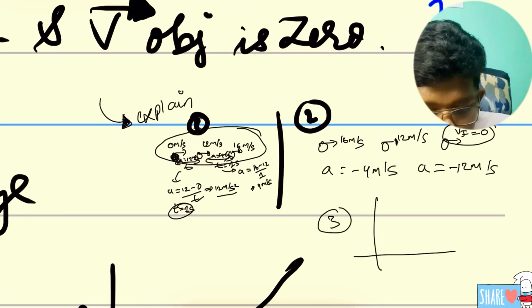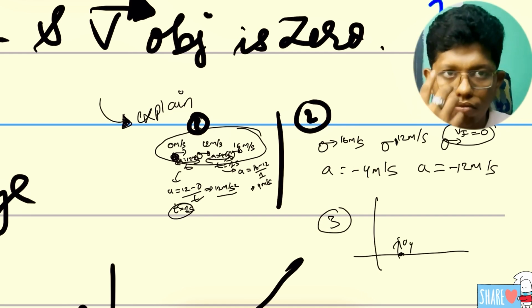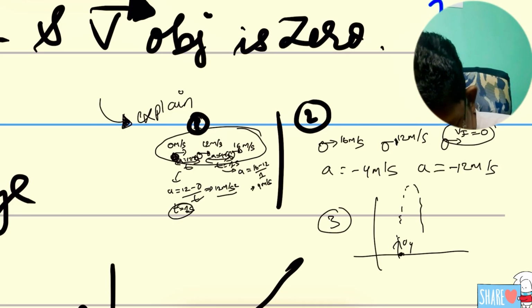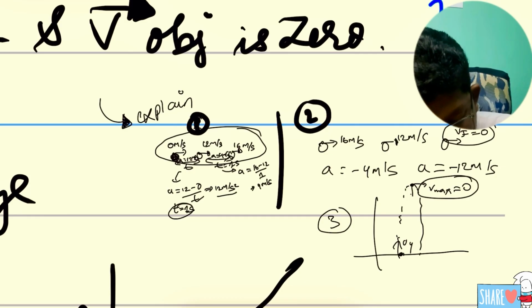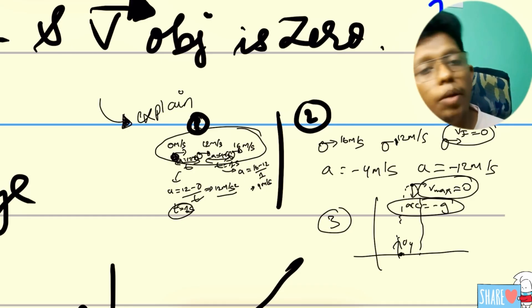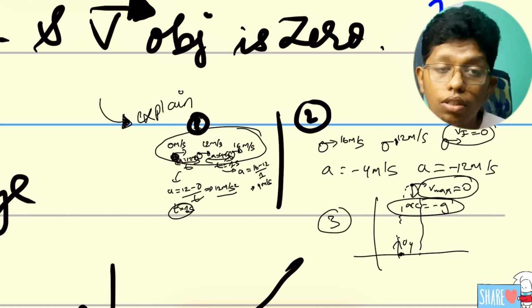If I throw a ball straight up with velocity u in the y-axis, exactly at the highest point the velocity becomes zero, right? At this point, acceleration is always acting downward, minus g. Here also acceleration is acting, but velocity is not there. So it depends upon the condition. If velocity is zero, acceleration may be non-zero.